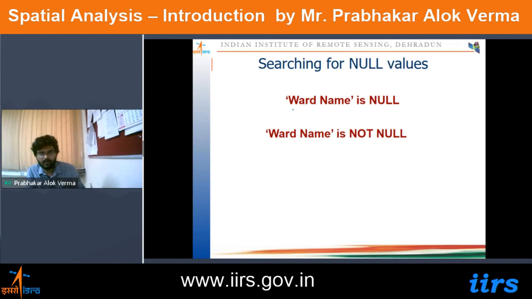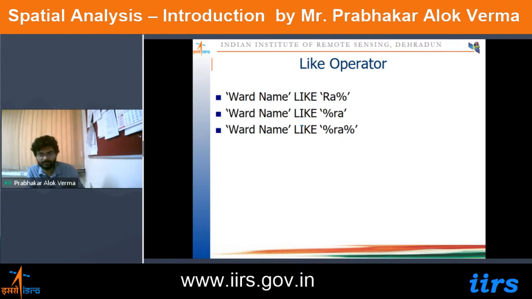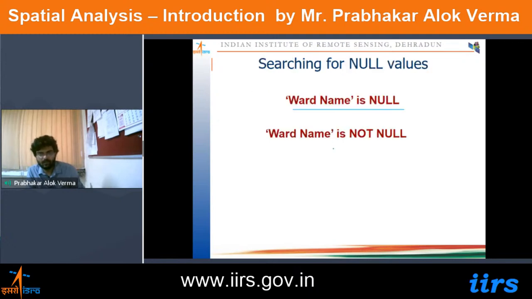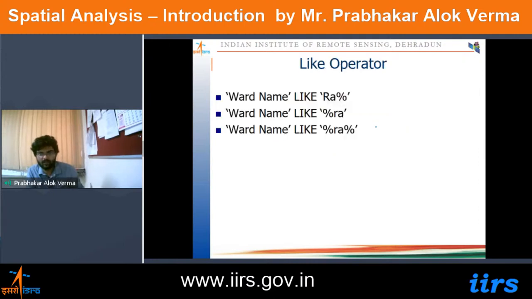Searching for null values, this is the way we can search for null values: is null or is not null. If you are looking for non-null values, the is not null operator is used. Now the LIKE operator. Suppose you have to select ward names starting with RA. It can be RAMPUR, RAJPUR.